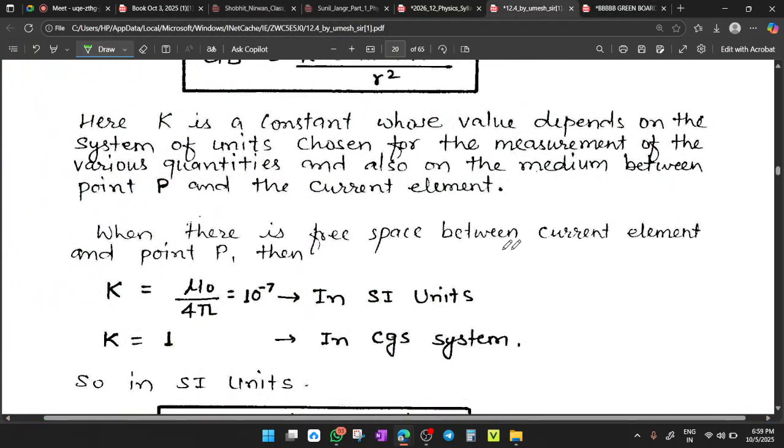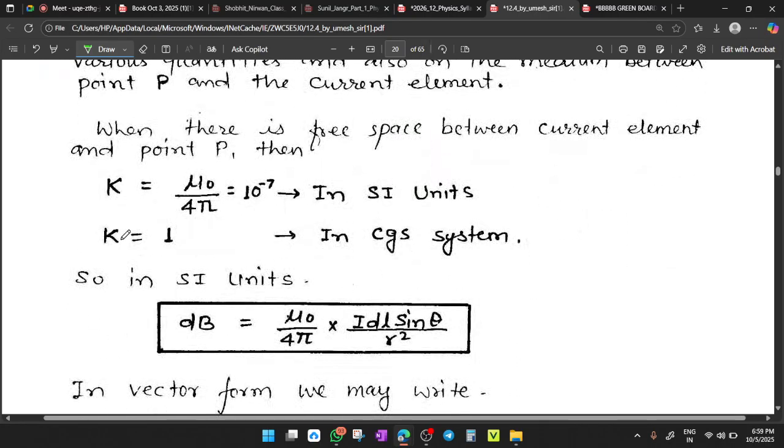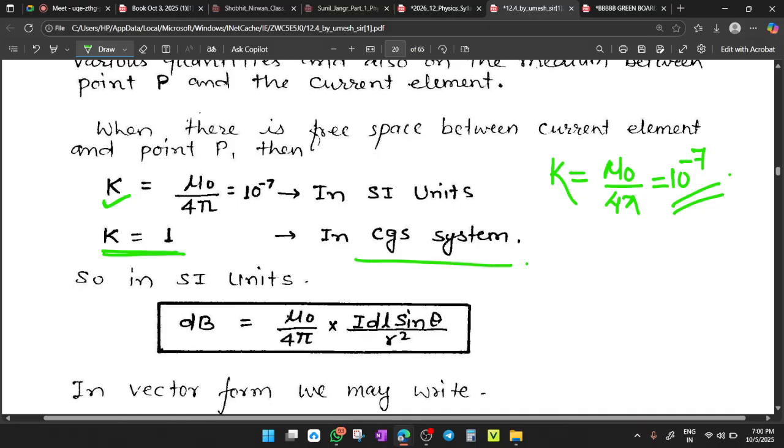So for air, mu equals mu naught. When there is free space between the current element and the point, the constant k equals mu naught upon 4 pi. Clear? And the value of mu naught upon 4 pi equals 10 to the power minus 7 in SI unit, and the value of k equals 1 for CGS system.